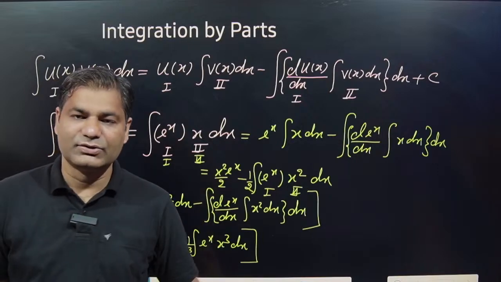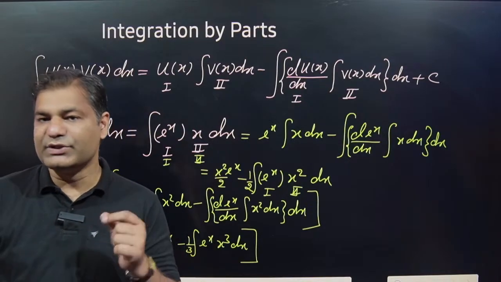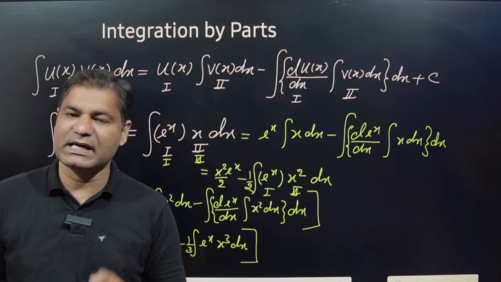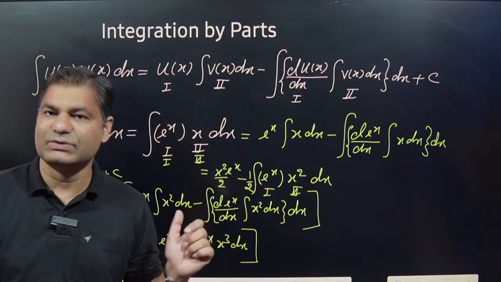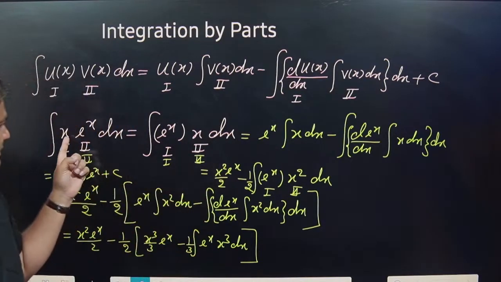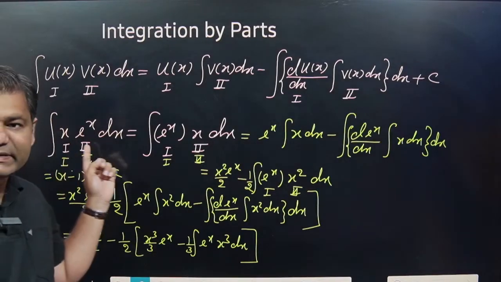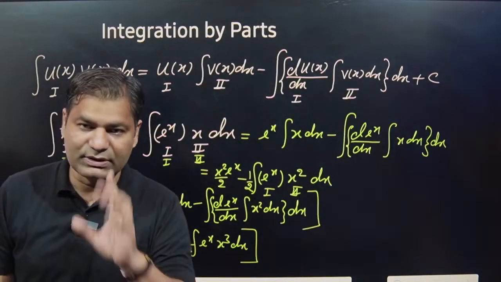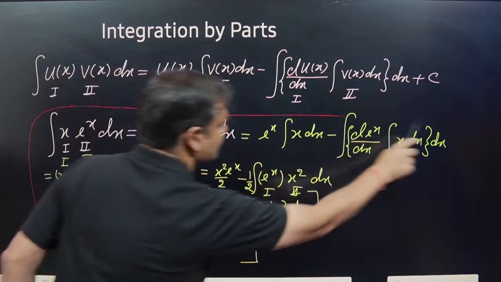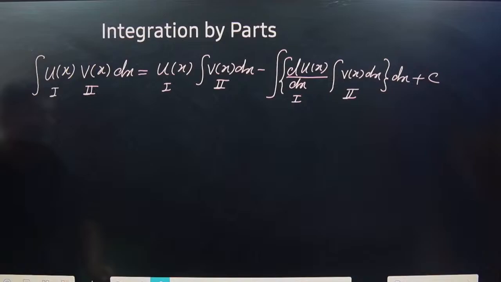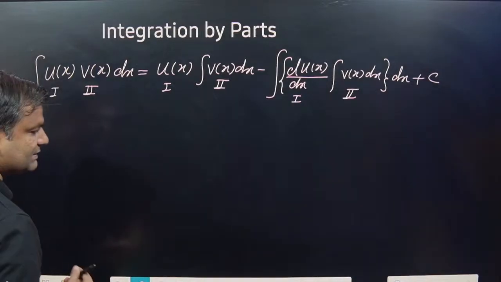That's why, first of all, which function to take as first function and which as second function depends upon the type. I hope it is clear what I want to discuss here.